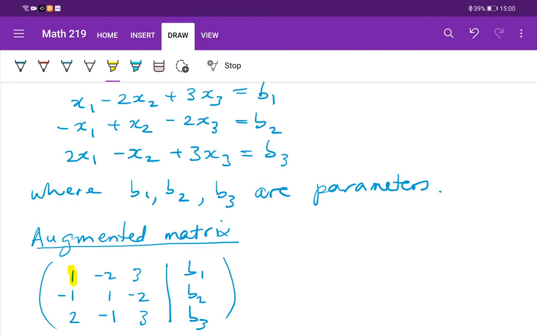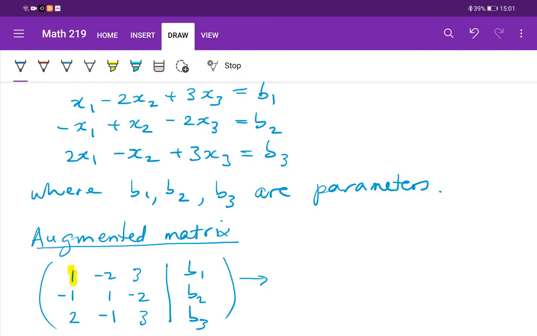If there was a non-zero entry somewhere else in the first column, we could switch rows, bring it to the first entry, and then rescale it to be 1. Okay, so that's the general strategy. Here there's a 1 in the 1, 1 entry. This is our leading 1, and we want to get zeros below that.